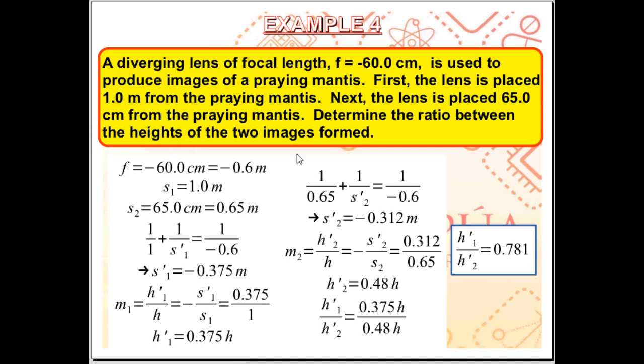If we do the same thing for the second case, we are able to get the equation for H2 prime, 0.48 H. For H1 prime and H2 prime, we get the ratio H1 prime divided by H2 prime. We can cancel out H. That leaves us with H1 prime over H2 prime is equal to 0.781, the ratio between the heights of the two images that were formed.